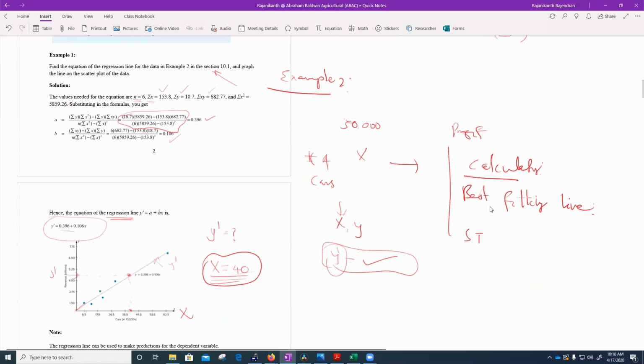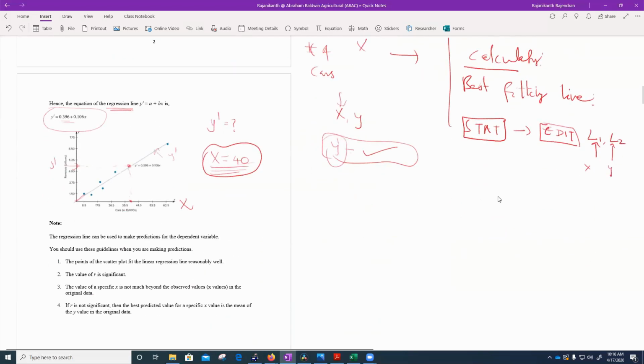Go to stat and enter all the data. Now you have two columns, L1 and L2. This is my X, this is my Y. After entering the data, go to stat again and calc. Last time we had to find the little r, the same procedure. Then you go to, I believe, number 4, linear regression.